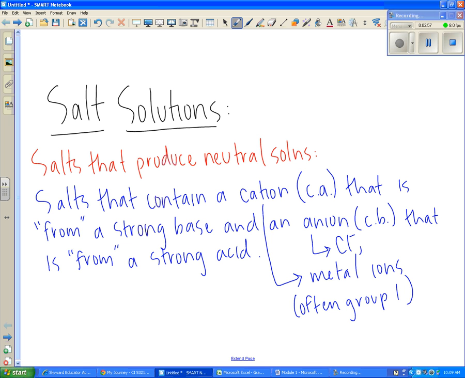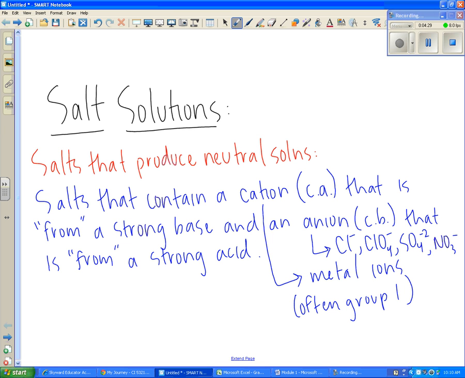What is the negative ion in perchloric acid? ClO4, the perchlorate ion. What's the negative ion in sulfuric acid? Sulfate, SO4 minus 2. The negative ion in nitric acid? Nitrate, NO3 minus 1.